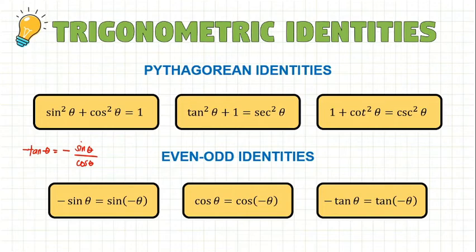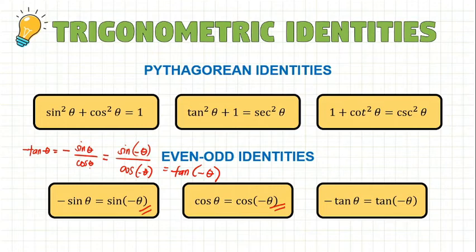Now, negative sine theta, from this identity here, is just equal to sine negative theta, over cosine theta, which is equal to cosine negative theta from our identity here. So we have cosine negative theta, and sine over cosine is just equal to tangent, where our angle is negative theta. So negative tangent theta is equal to tangent negative theta. Okay, so those are our four fundamental trigonometric identities.